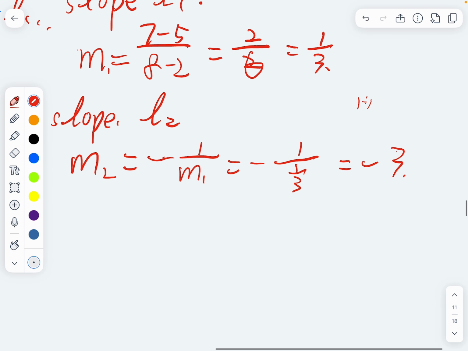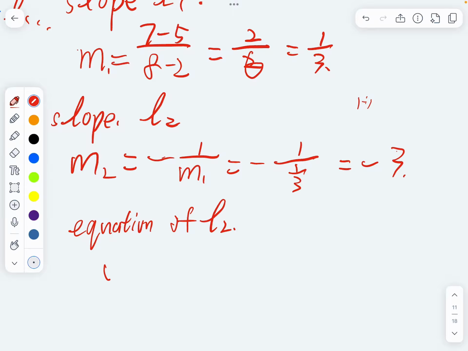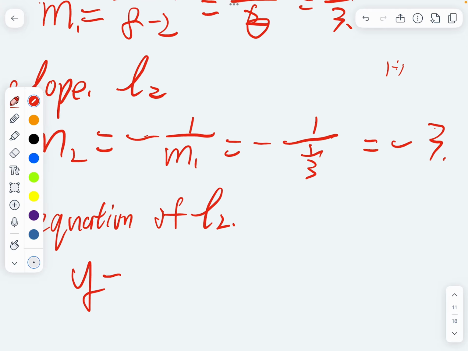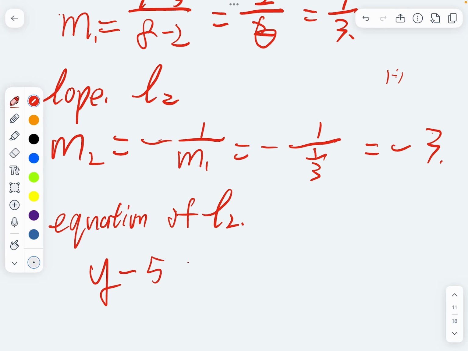So now we can get an equation of line 2. That will be y minus 6 equal to negative 3 times (x minus 5).